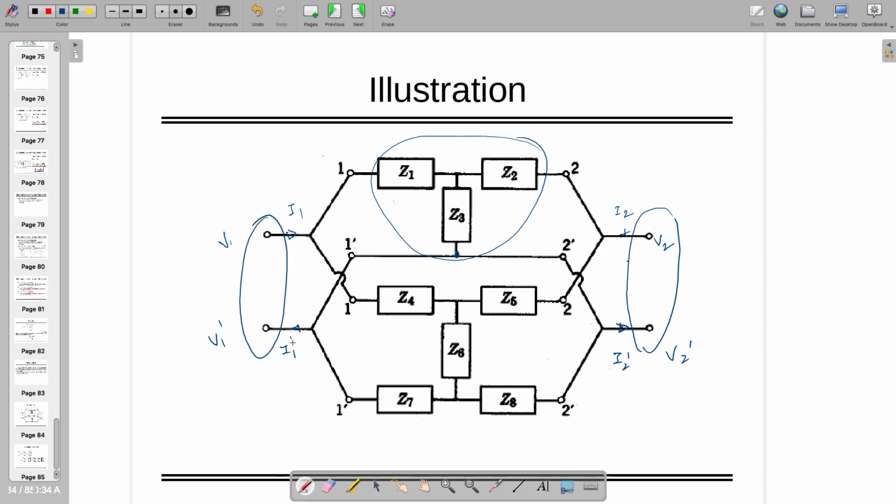If you know whether they are in parallel, series or cascade, then you can find the parameters accordingly. If it is in parallel, you should use Y. If it is in series, you should use Z. If they are in cascade, you should use ABCD, because afterwards it's easy, right? You know how to solve this T network. We solved it many times, right?